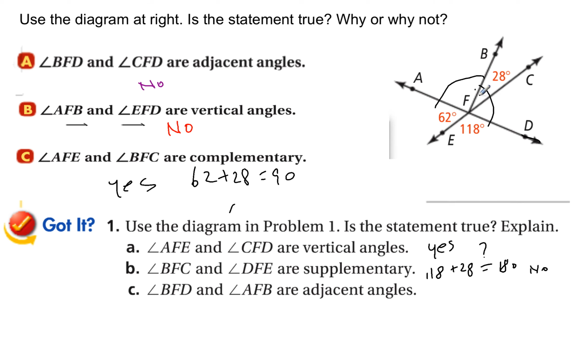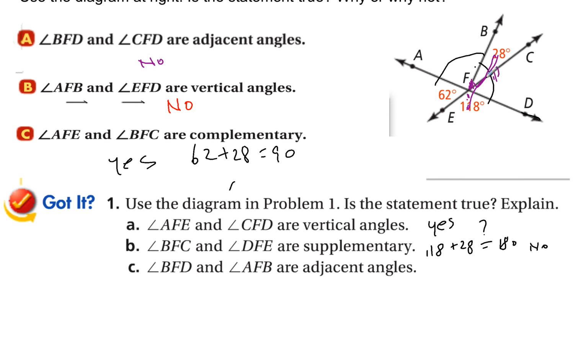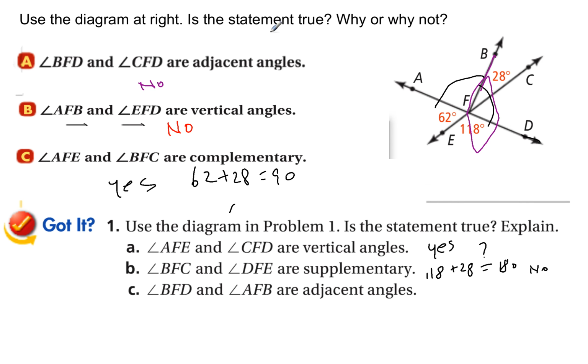Well, adjacent angles must share a common side, and it looks like they do share a common side, and that side is this side right over here. They have no common interior points between those two angles, and they have a common vertex, which is this point right over here. So the answer is yes. And that is it for this lesson.